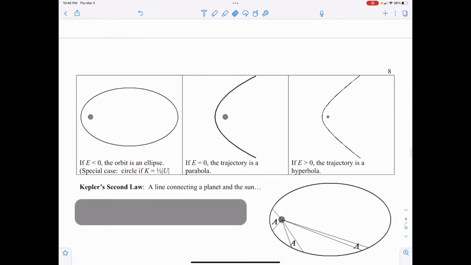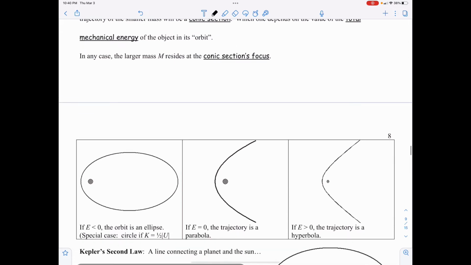Okay, now these are some possibilities. However, Kepler's first law describes elliptical orbits. Now, truth be told, even though the orbits are elliptical, they're circular enough.